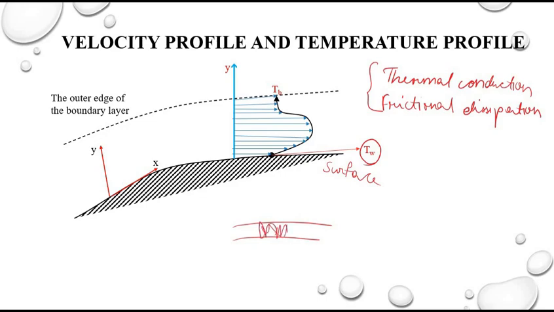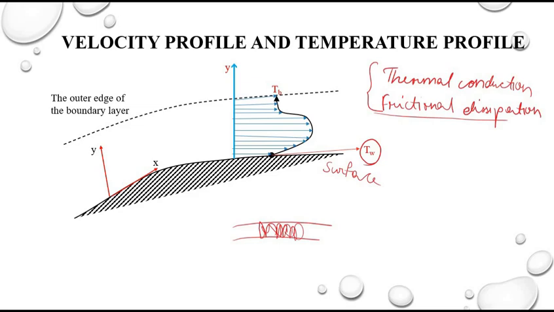When the two streamlines are rubbing against each other and there is friction between them, then we see this frictional dissipation.